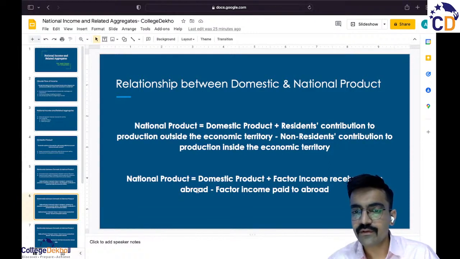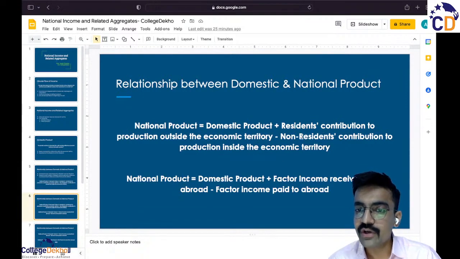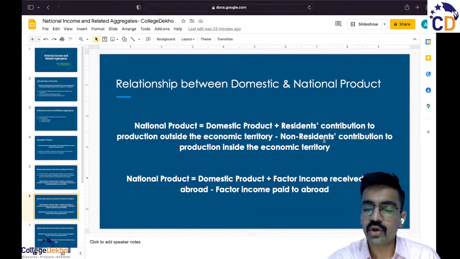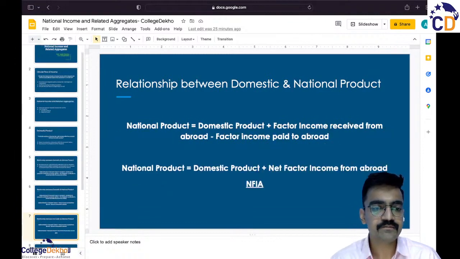So this income, this factor income received from abroad, will be added to the domestic product. Following the same logic, whatever factor income is paid to non-residents, any non-resident having a production unit in this economic territory, whatever factor income is ultimately going to that non-resident will be subtracted. It will be deducted. So the formula for national product would be domestic product plus factor income received from abroad minus factor income paid to abroad. Right.